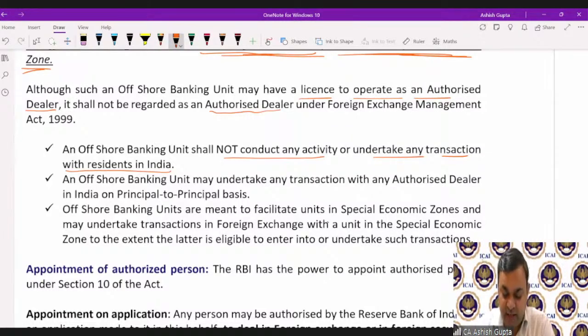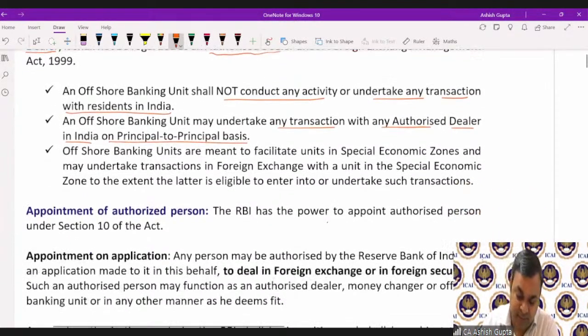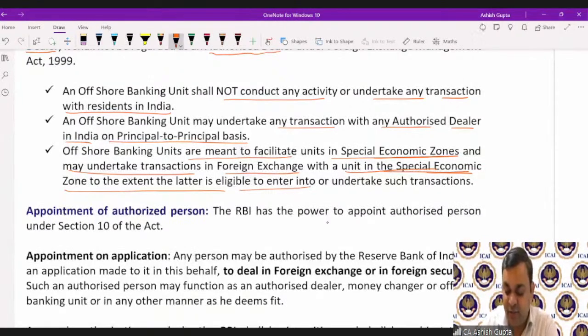An offshore banking unit may undertake transactions with any authorized dealer in India on a principal-to-principal basis. Offshore banking units are meant to facilitate units in a special economic zone and may undertake transactions in foreign exchange with the unit in a special economic zone to the extent that the latter is eligible to undertake such transactions.